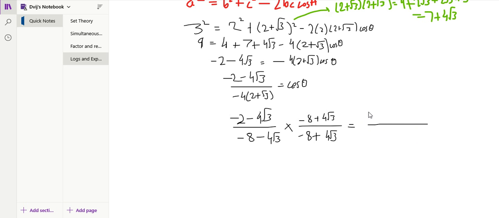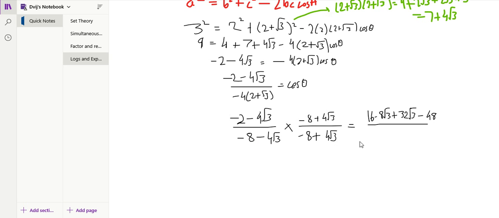So minus 2 times minus 8 is 16. Minus 2 times 4 root 3 is minus 8 root 3. And minus 4 root 3 times minus 8 is plus 32 root 3. Last thing, minus 4 root 3 times plus 4 root 3 is, so it's 3 times 3 and minus 4 times 4. So minus 48.